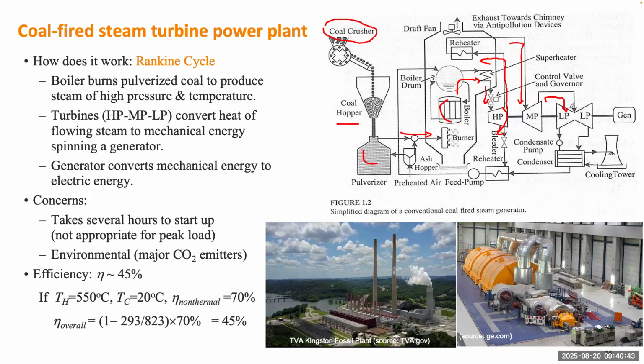Then we can utilize that formula. But please note, when you use this formula, this is low temperature divided by high temperature, so both temperatures are in absolute temperature. It has to have the unit of Kelvin. So if you use degrees C, the number has to be added by 273. So the 20 becomes 293, and 550 becomes 823. Then multiply by the non-thermal efficiency, and that gives you the 45% efficiency. Any questions?